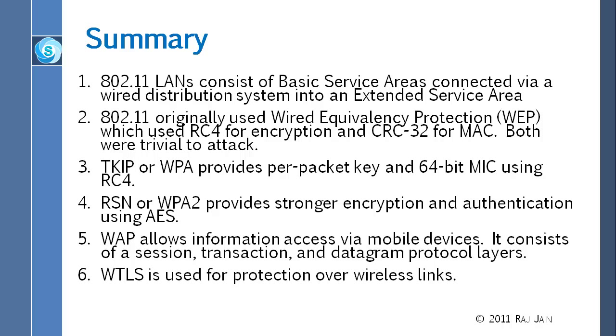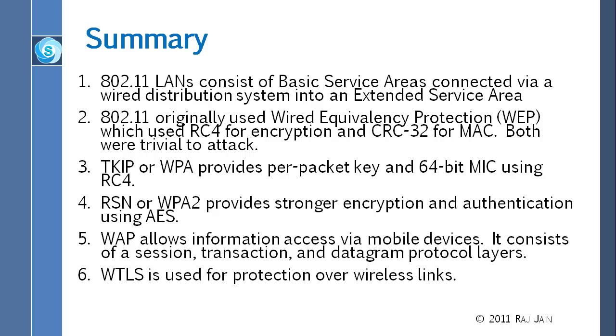The TKIP provides a 64-bit MAC rather than the 32-bit CRC, and it uses the same RC4 though, with a 128-bit key. But the key is a per-packet key. That's the difference: this is a per-packet key, whereas that is a shared key. In the case of WPA2, it is hardware, and therefore we can use AES encryption, and that can be used for both authentication and encryption.